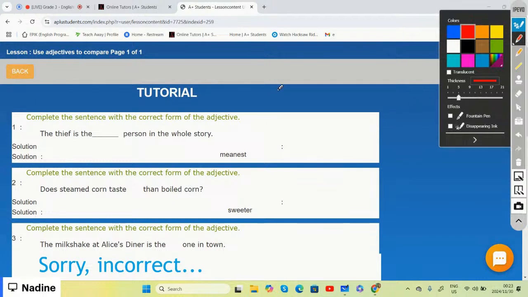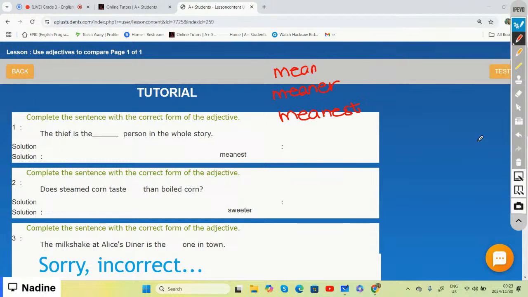The thief is the mean, meaner, or meanest person in the whole story. What is our correct adjective? Do we say that our thief is mean than the whole story, meaner than the whole story, or meanest than the whole story?